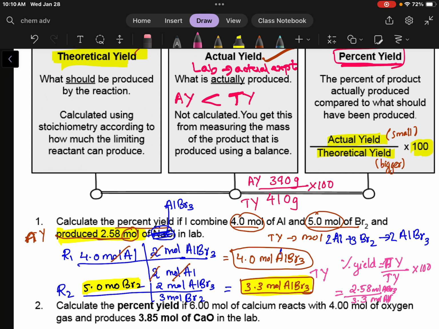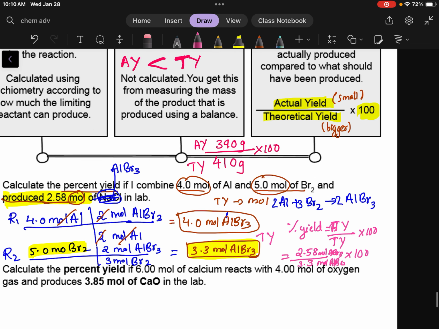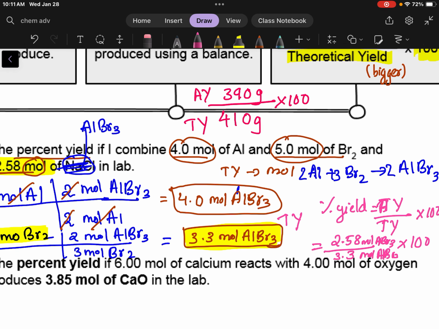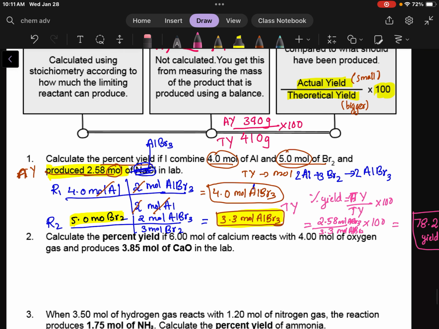Times that with 100. I'm going to the curve because I don't have space. So now you will get 78.2% yield of aluminum bromide. Okay, that's how you do the calculation.